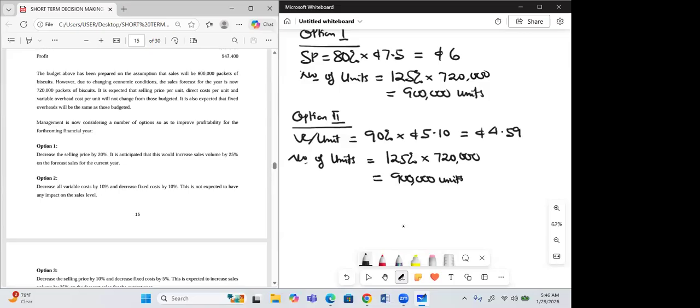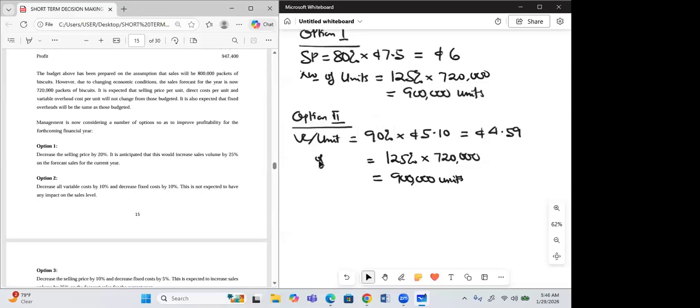Okay, then that's all. Decrease fixed cost. This is not expected to have any... No, there was a mistake in option 2. I was reading option 1 instead. It said this is not expected to have any impact on the sales level.